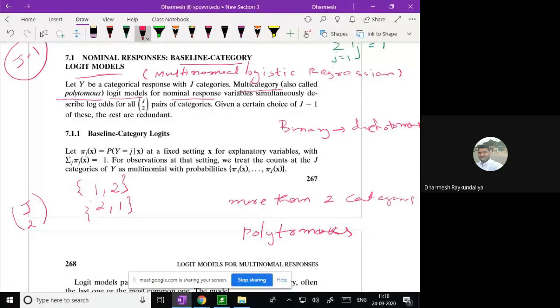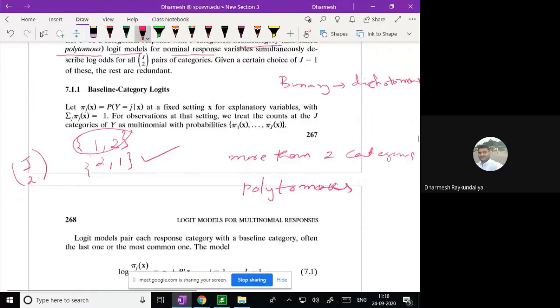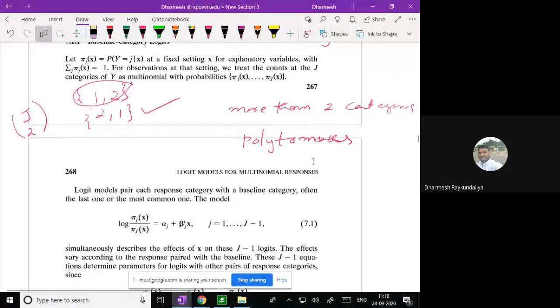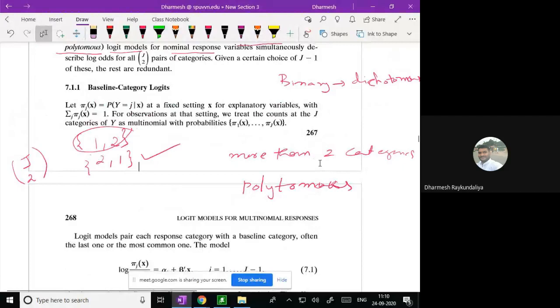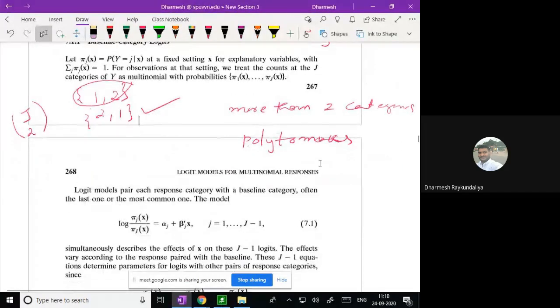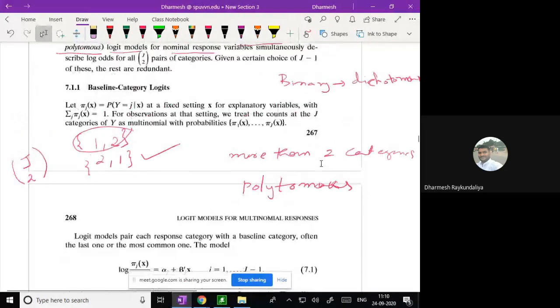So there is no need to develop a model for 1 2 if you already have the model for 2 1. In that way, how many are redundant? J minus 1. Redundant means it has no meaning; they are merged with the other category. Is that okay? Okay. In short, now we jump into the concept of baseline category logit models.